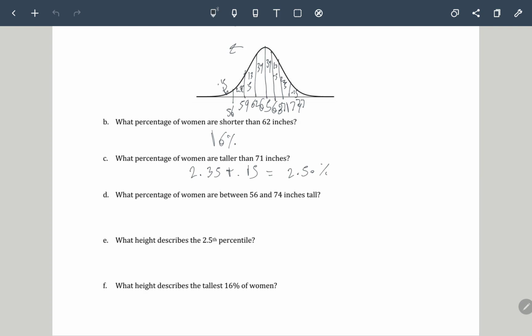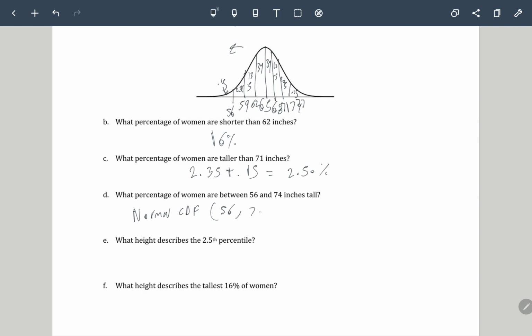Here normally I would do normal CDF because I feel like it's the easiest way to calculate this, honestly. So I just do normal CDF, which is just a better way of calculating all of this and adding the percentages. So you would do the lower bound, which is 56, right?